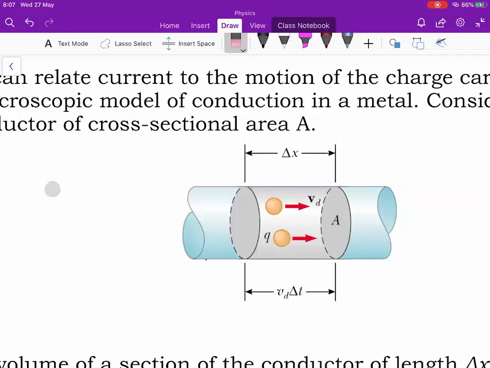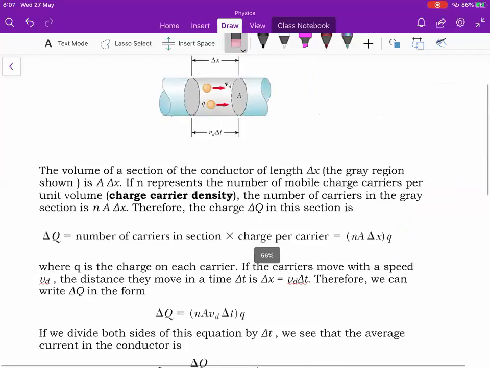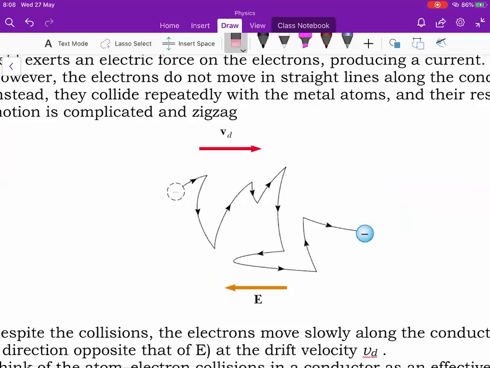Okay, so let me show you one more diagram. What we just drew was a very simplistic representation of motion of free charge carriers. But actually you can visualize an analogous situation. Let's say there is a tunnel which is thousands of kilometers long.